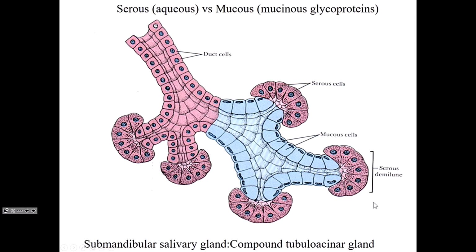So here we have a compound gland because you can see that the duct portion is branched, right? It comes down here, 1 branch, 2 branch. And here we have different types of secretions. We have what we call a serous secretion and a mucus secretion. So let's talk about the mucus part first because it's probably easiest for you to comprehend. Mucus secretion, you know what mucus is.